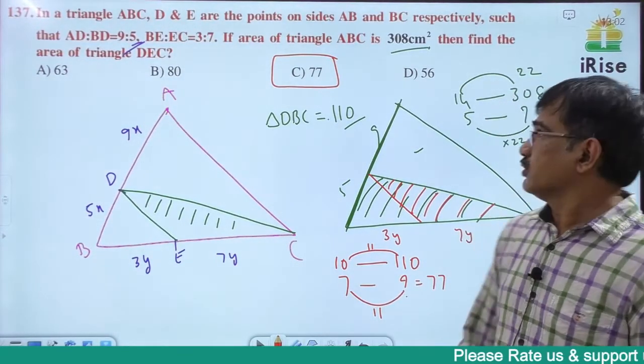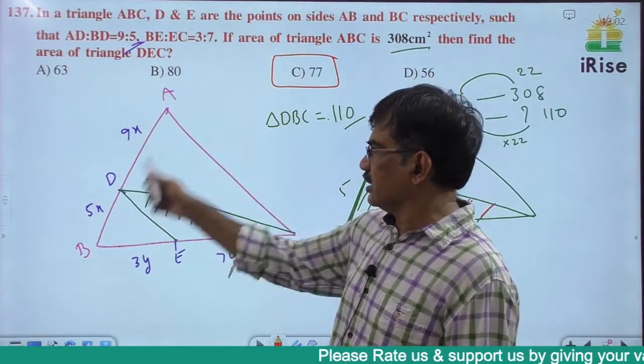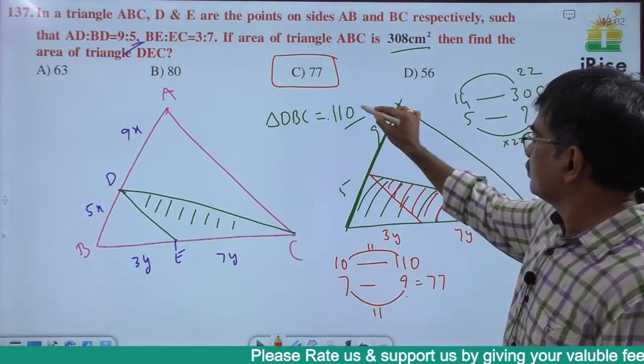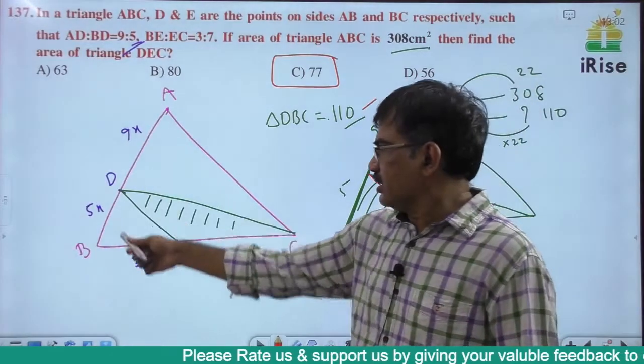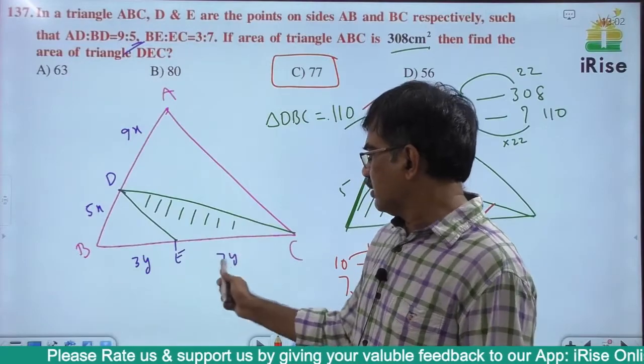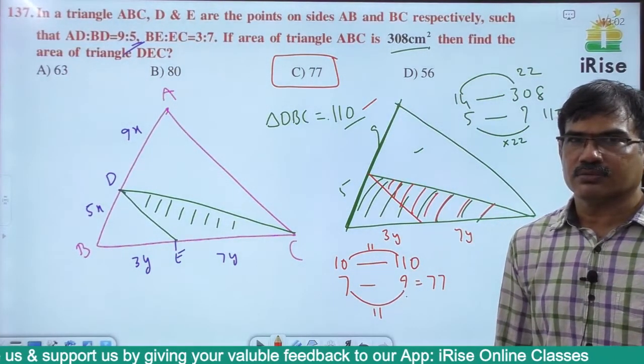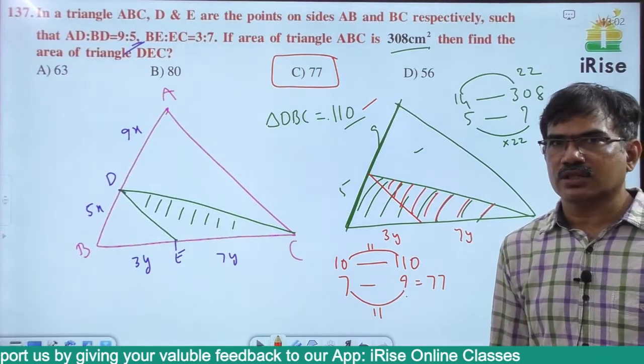First, 308 divided into 14 parts: 14 parts area is 308, 5 parts area is 110. And in this triangle, total 10 parts area is 110. What is 7 parts area? So that is the answer for this question. Very simple and logical question. Next one.